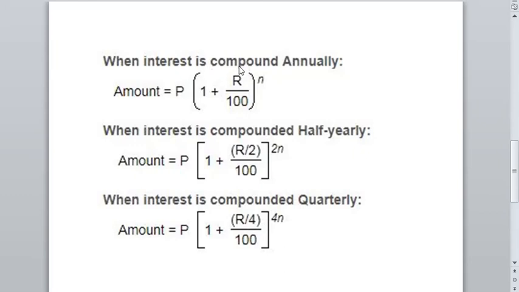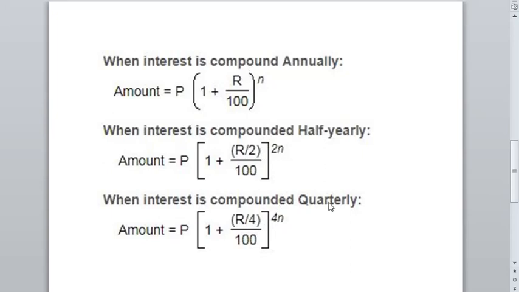How will it change? If it is annually, then the simple formula is P into 1 plus R upon 100 raised to N. Now if it's half yearly, then you have to divide this R by 2 and multiply N by the same number. Always remember, the number by which you divide R, you should multiply N by the same number. So R upon 2 and raised to 2N.